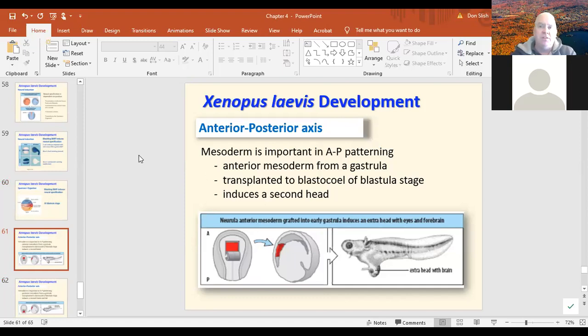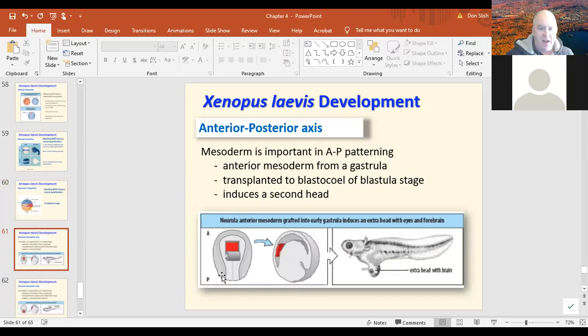The mesoderm that comes rolling off during gastrulation is going to cause that patterning to happen in the neurula. So mesoderm is inducing neural tissue from epidermal tissue, and it's also patterning it from A to P, anterior, posterior. Here are some of those early experiments that show this.